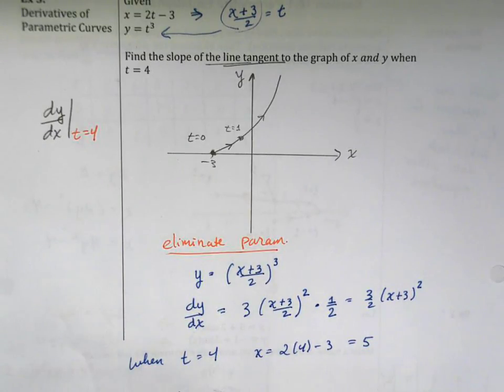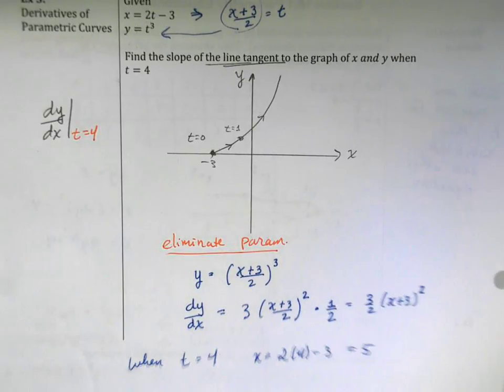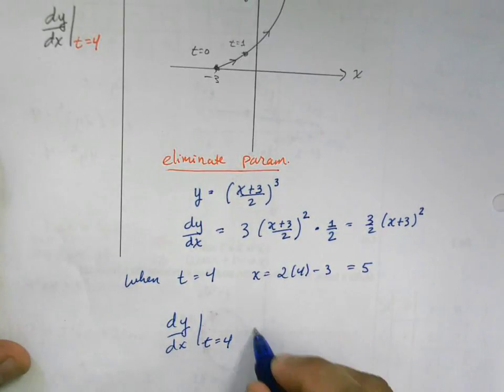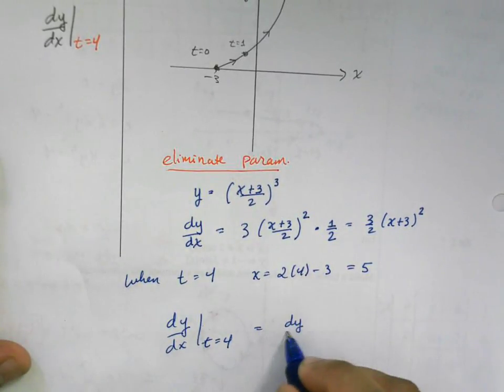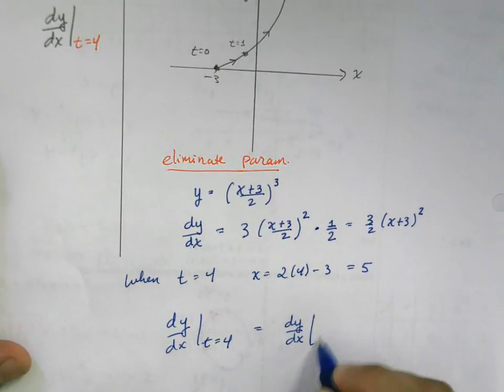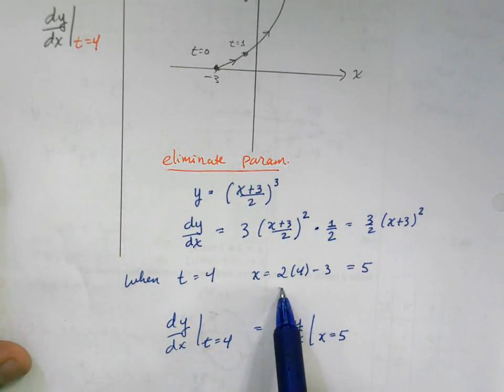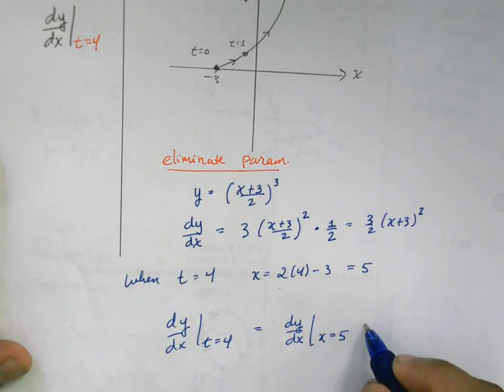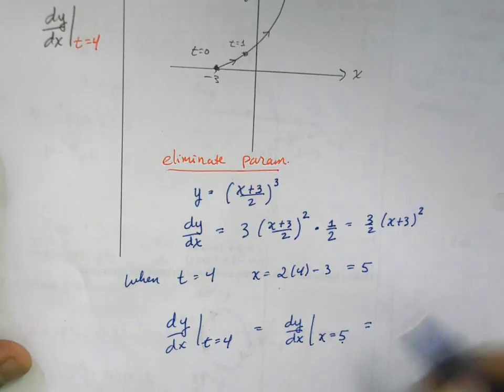And so now dy dx when t equals 4, that's the original problem that I'm being asked to solve, is the equivalent of dy dx when x is equal to 5. Because of this equation, we know that when t is equal to 4, x must be equal to 5. So now I can take this 5 and substitute it into this equation.